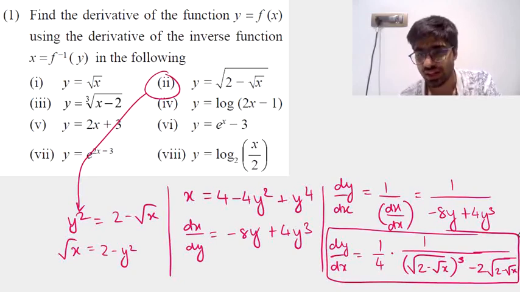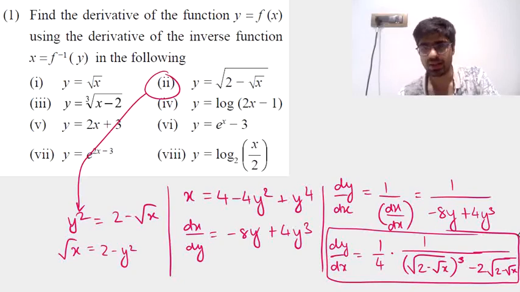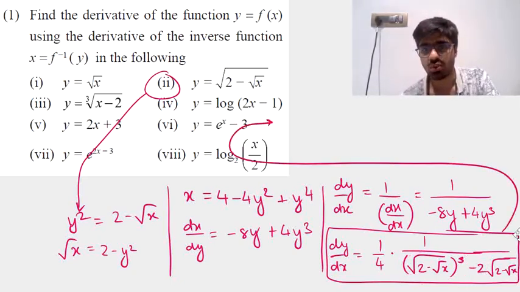For the second question, is there any simplification possible there? Yeah, there is, because you can still take out a root over 2 minus root x common. Square this bracket and then combine it with the 2 here. Let's see what we get.